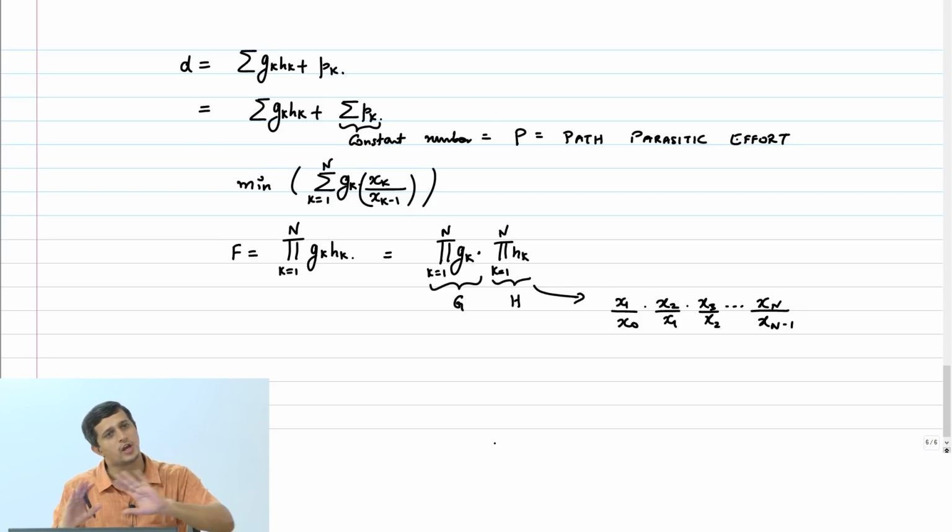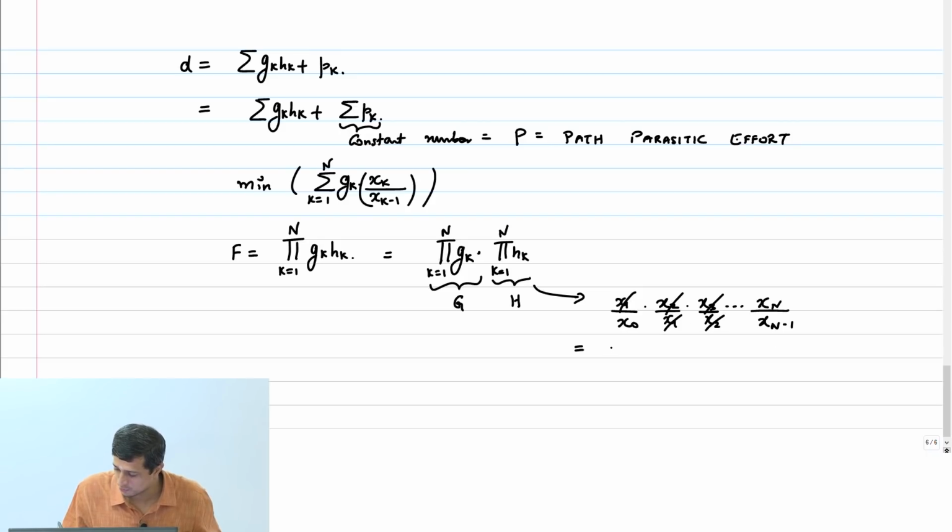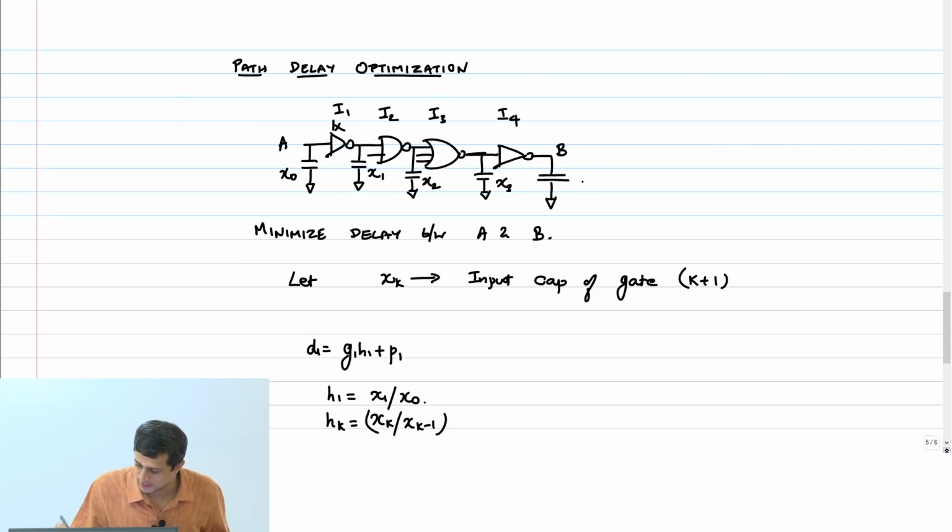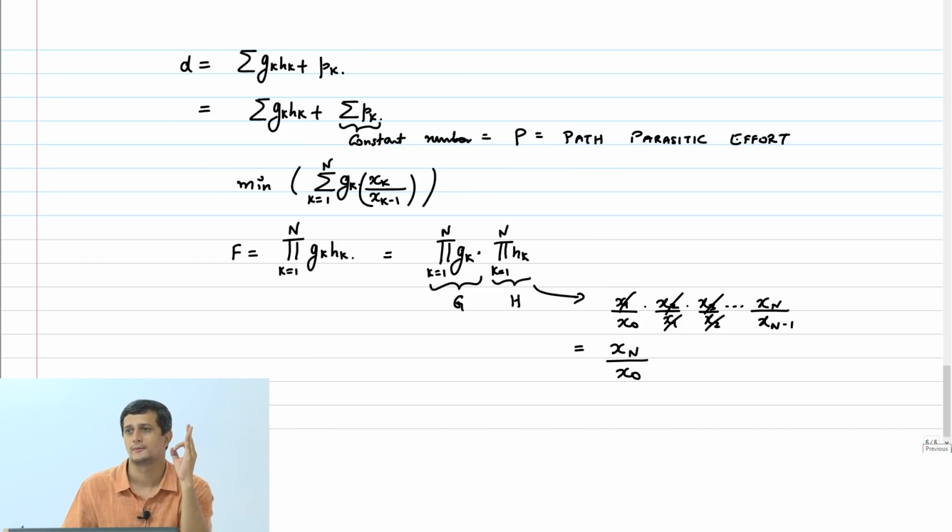All the variables in between are gone. You can just keep cancelling like this, and you will simply get xn by x naught. And what is xn? It is basically my final load capacitance, divided by the input capacitance. Clear?